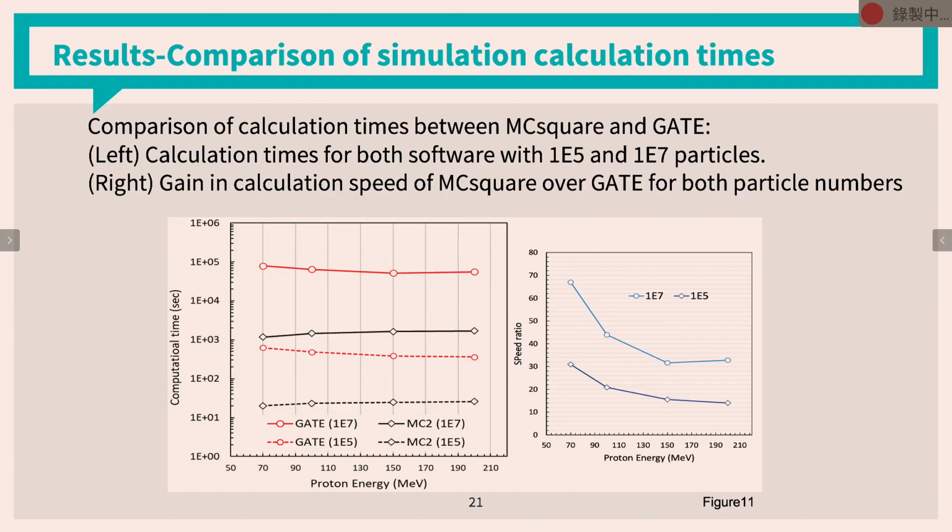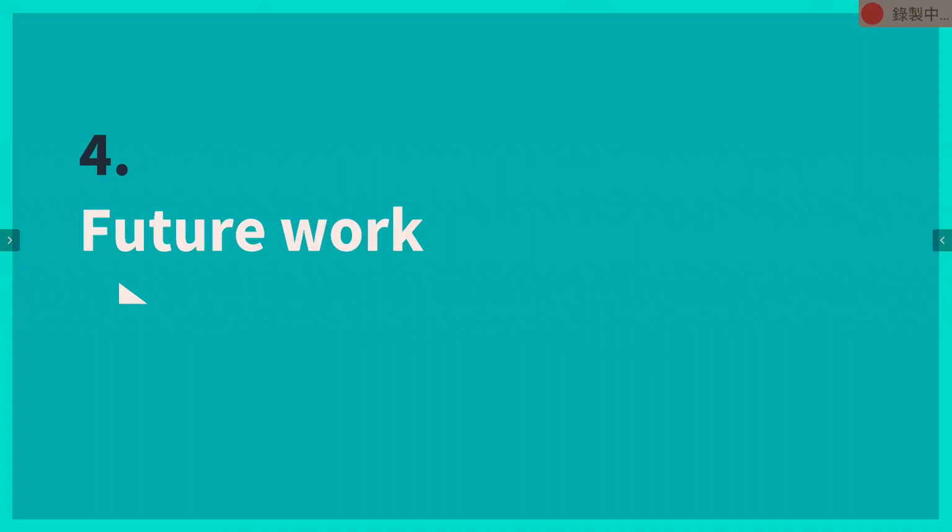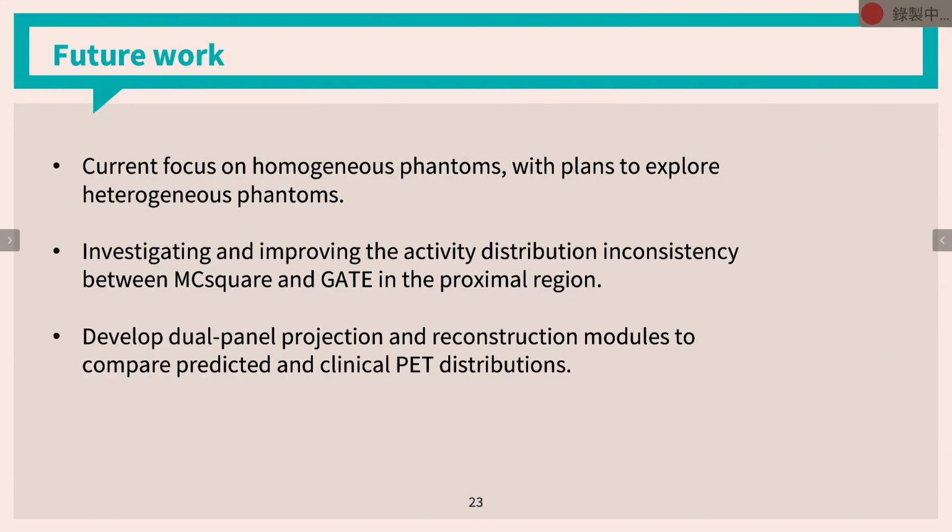And about my future work. Currently the research only focuses on the homogeneous phantom. In future exploration, I will do heterogeneous phantoms, and I will also address the activity distribution inconsistency between MC² and GATE in the proximal range.